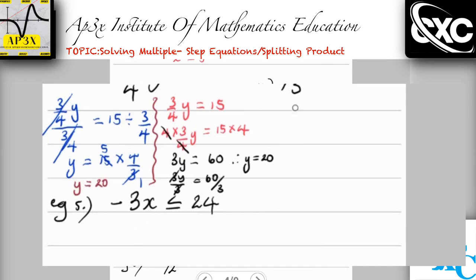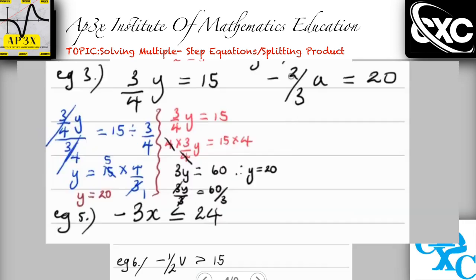All right, so now what we have here is, in fact, minus 2 over 3a is equal to 20. Then I'm going to be multiplying both sides by 3. So I'm going to have 3 multiplied by negative 2 over 3a, and that's equal to 20 multiplied by 3. All right, so cancel here, we end up with minus 2a, and that's equal to 20 times 3 is 60.